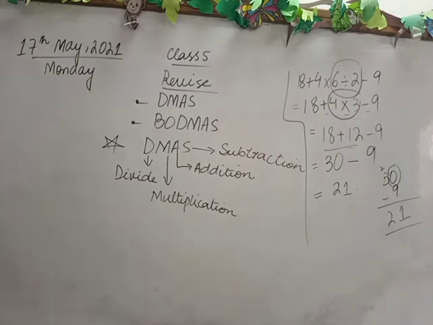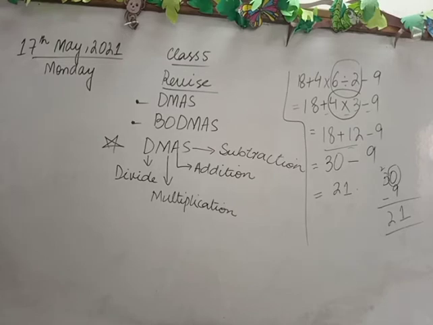Now class, I am going to revise this question. You have to listen very carefully. I have 18 plus 4 multiplied by 6 divided by 2 minus 9. So in this question all the operations are used.